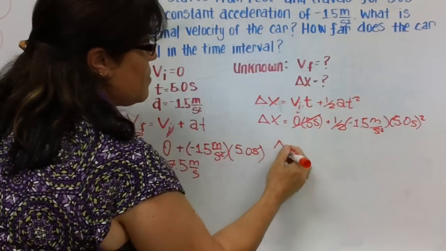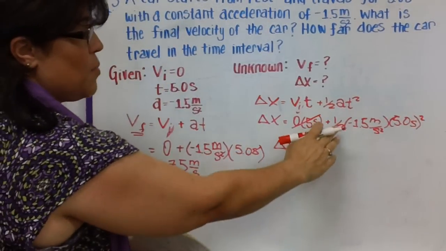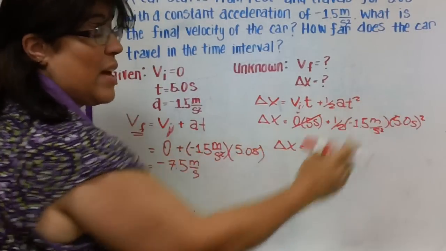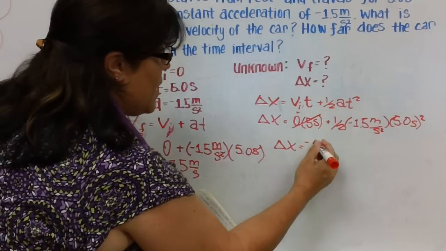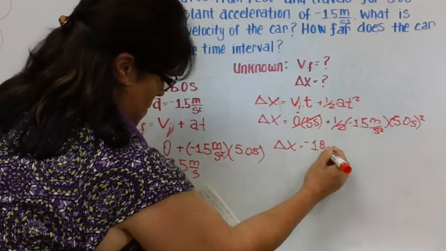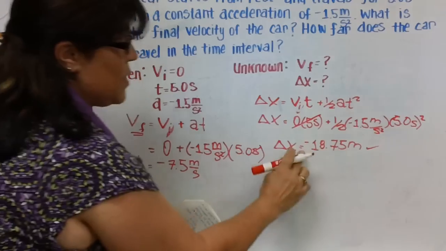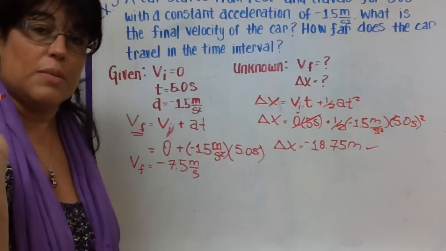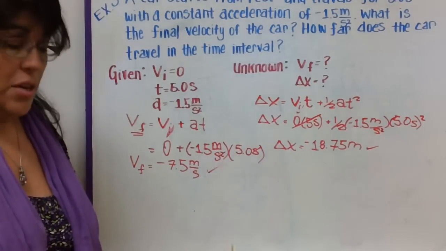So if I plug this into my calculator, this whole thing goes away. We end up with 1/2 times negative 1.5 times 5 squared, which is 25, and we end up with a displacement of negative 18.75 meters. Once again, this negative is telling us that our motion is going to be in that direction, which corresponds with the negative velocity over here.